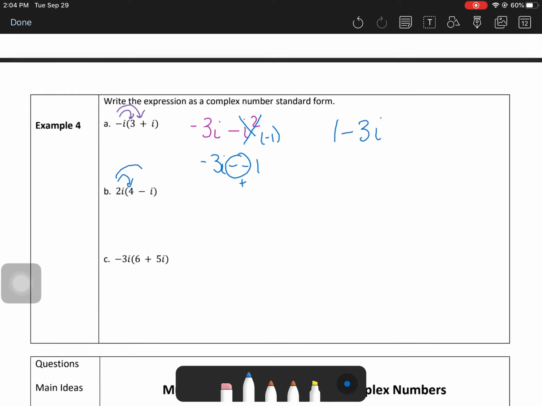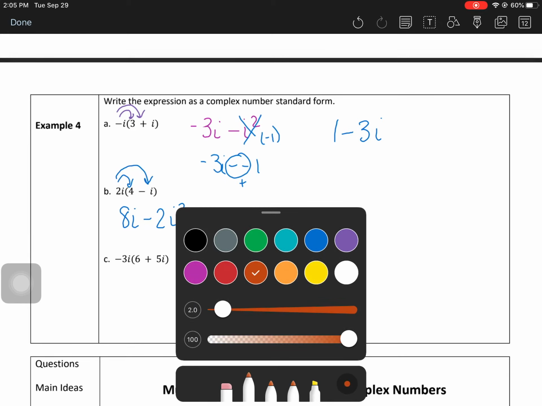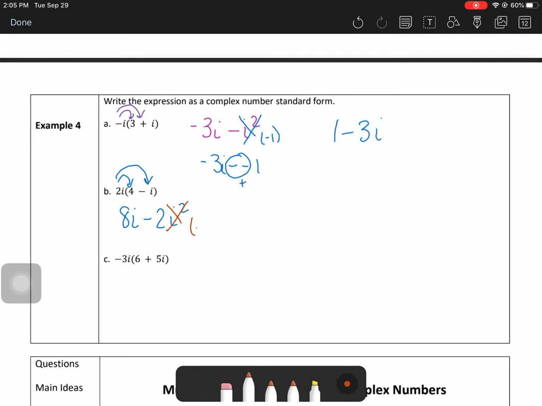Distribute in the next one, you have 2i times 4 would be 8i minus 2i squared. So i squared means negative 1. Negative 2 times negative 1 would be positive 2, and then put the 8i after. It's always the real part followed by the imaginary part.